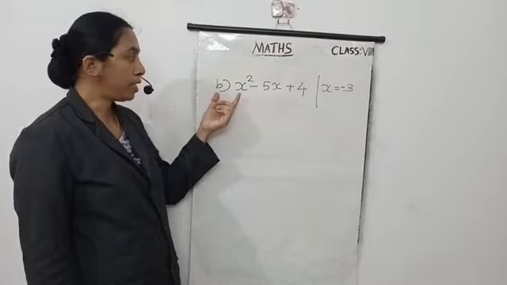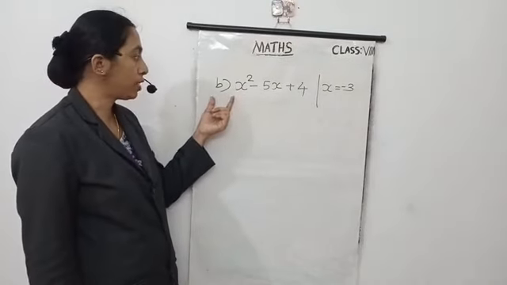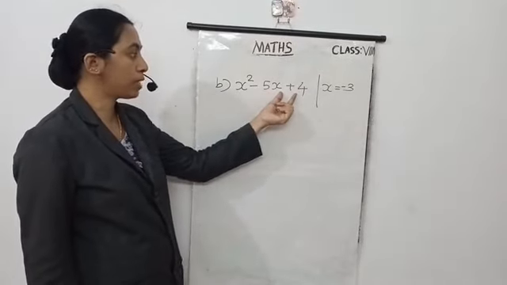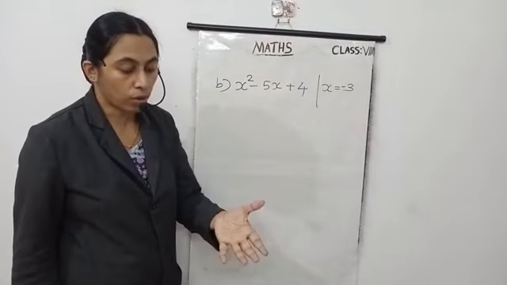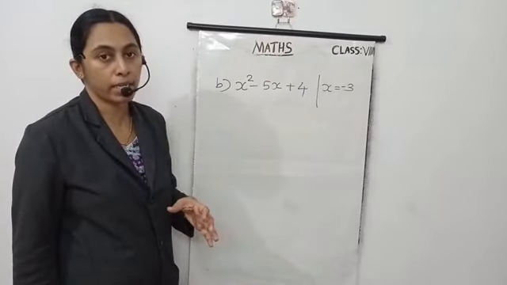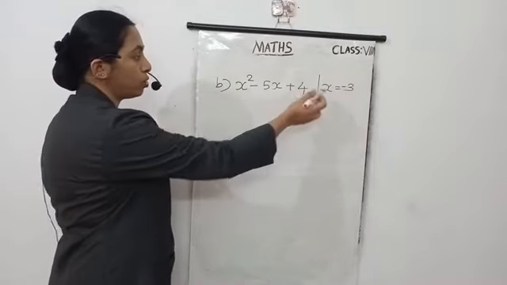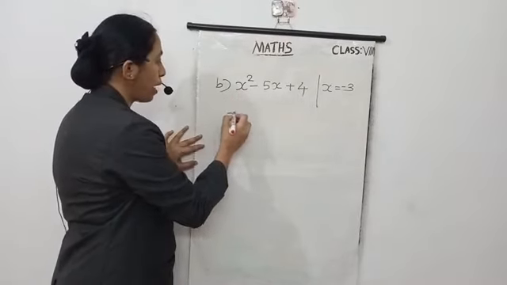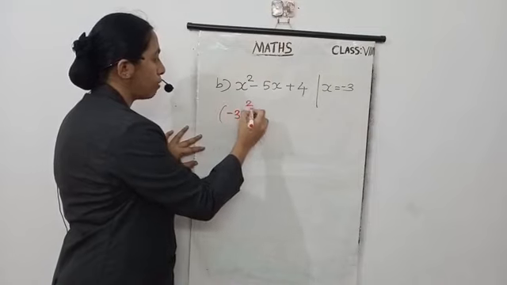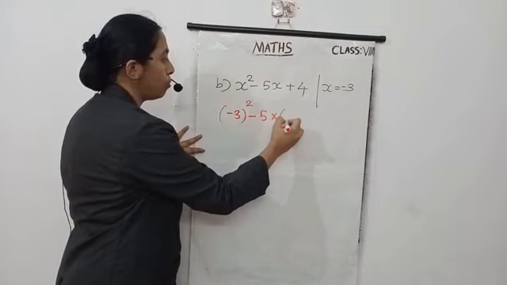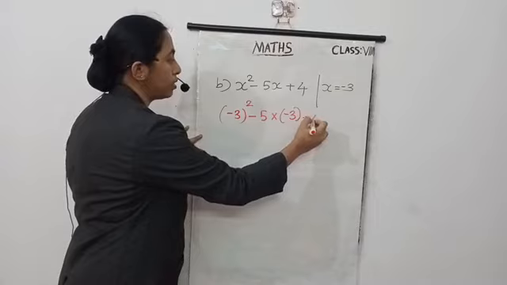Now question B. Question number 10, B question. x square minus 5x plus 4. They solve it and give the answer as minus 2. So we are going to check whether it is correct or not. So substitute minus 3. So minus 3 whole square minus 5 into minus 3 plus 4.